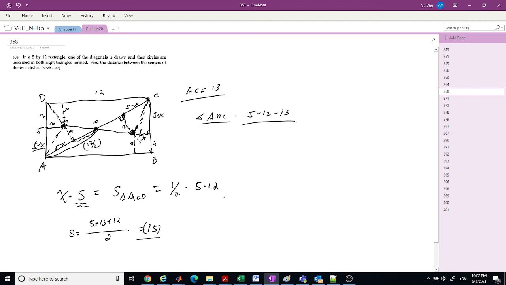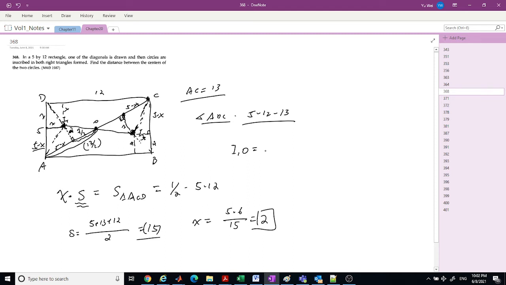Okay, so now you can solve x is equal to 5 times 6 over 15, which is 2. So if x is 2, right, 5 minus x is 3, so 13 over 2 minus 6 over 2 is 7 over 2.